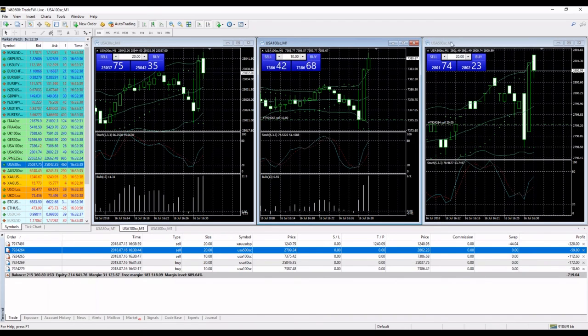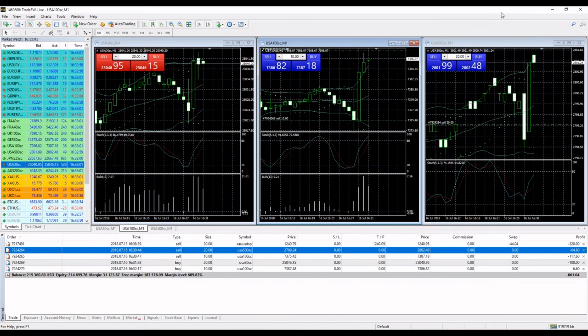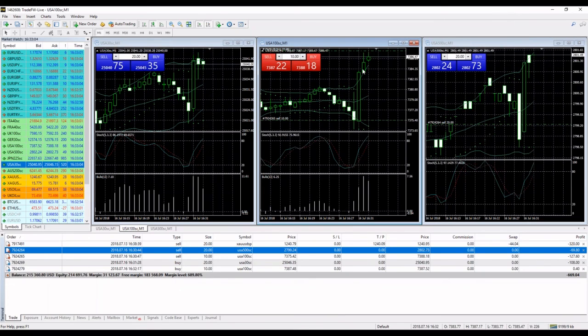I'm now somehow hedged and I will check what the direction does and accordingly I will react. The difference is not huge between my short and my buy position on USA 100.